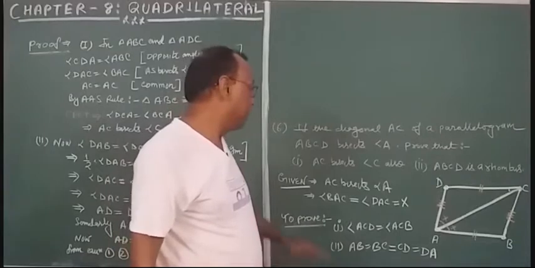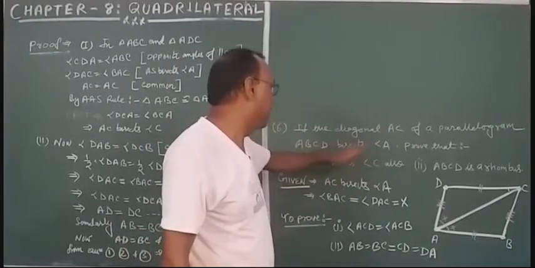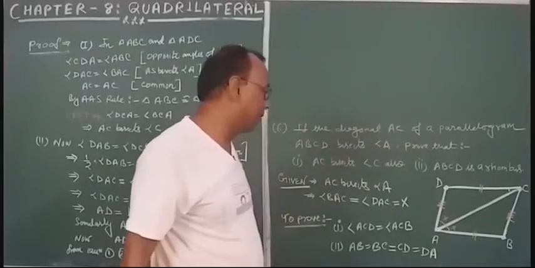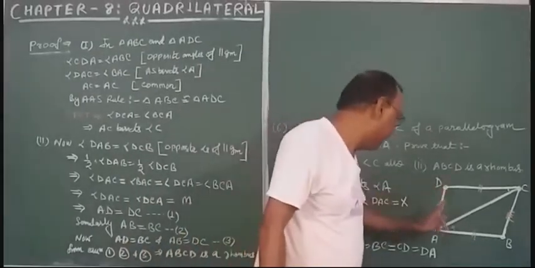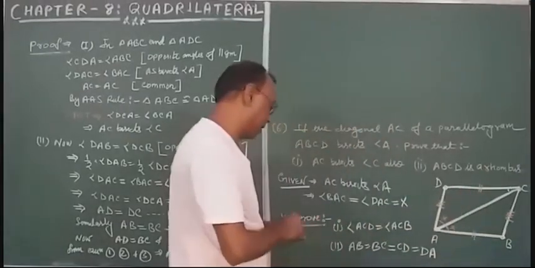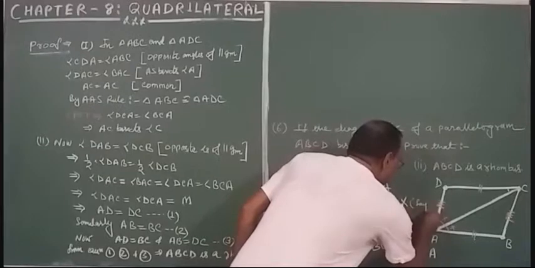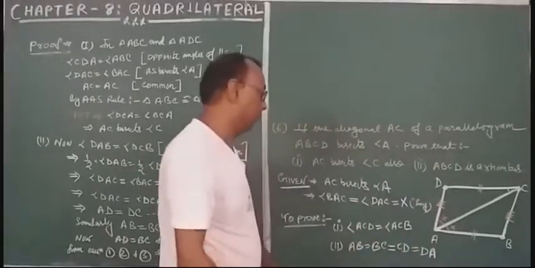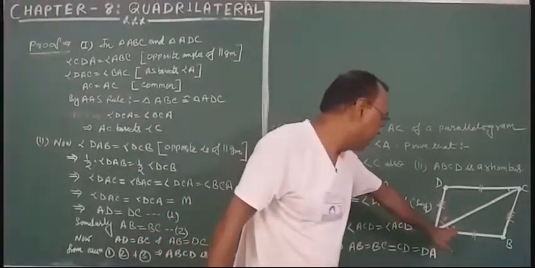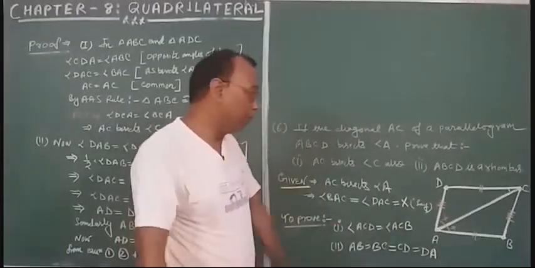Again, it is given that diagonal AC bisects angle A. Therefore angle DAC will be equal to BAC. Let that be X. This angle is X, and this angle is X.